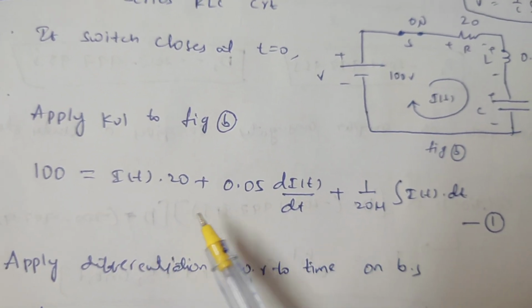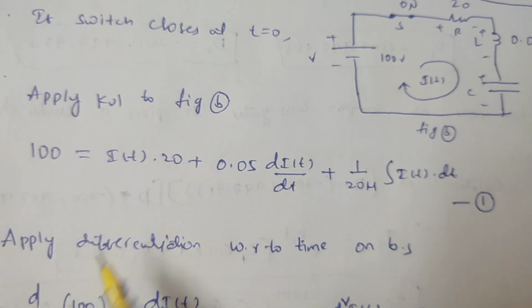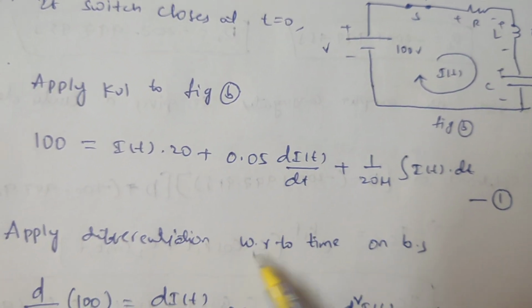In this equation we have one differential term and one integral term. So simply apply differentiation on both sides with respect to time.